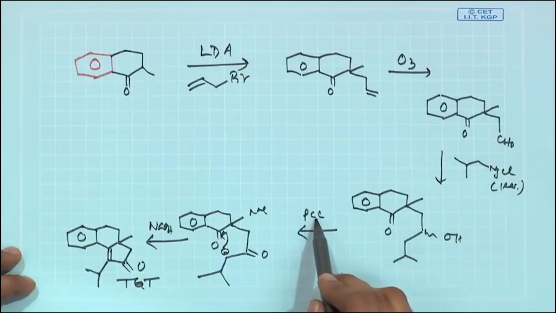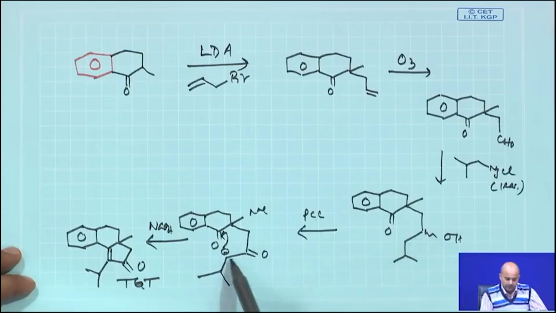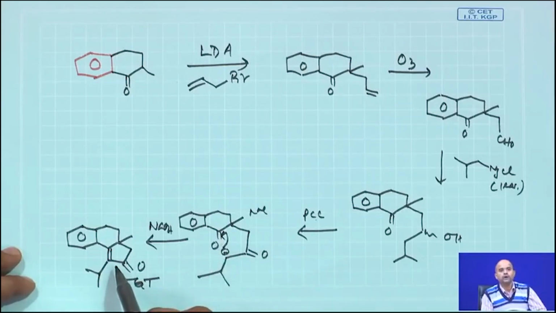PCC mediated oxidation will give you the ketone. Now, we have a diketone. Out of this diketone only this ketone has alpha hydrogen here as well as here. Now, if this hydrogen is abstracted, there is no possibility that an aldol reaction takes place, only this hydrogen will be abstracted by this base, and then it can undergo intramolecular aldol reaction followed by water elimination to give you this target molecule.